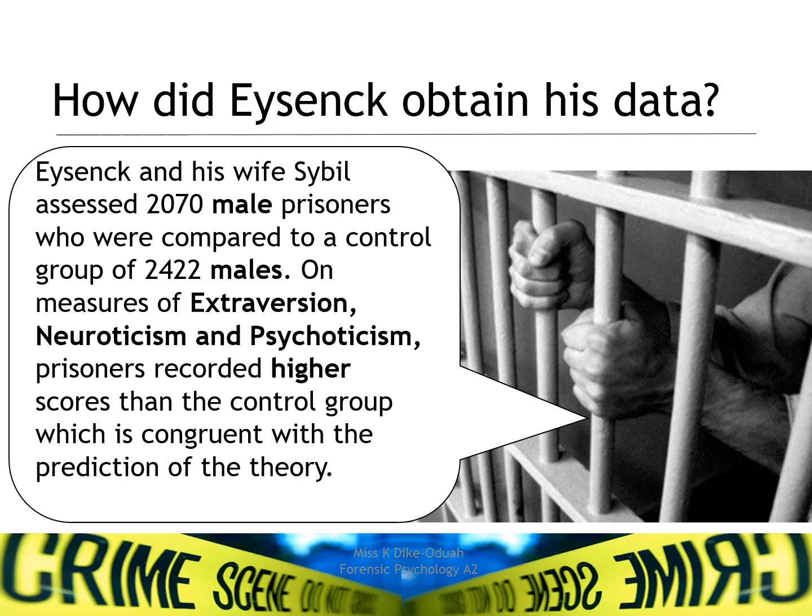This is a reach for Eysenck because we know that men and women differ on many things, including personality. So we've got a question mark there already in terms of an AO3 point later on down the line. But nonetheless, his research has shown that those who were in prison scored higher on certain traits which have been linked to criminality, and it might explain why they were in prison in the first place.